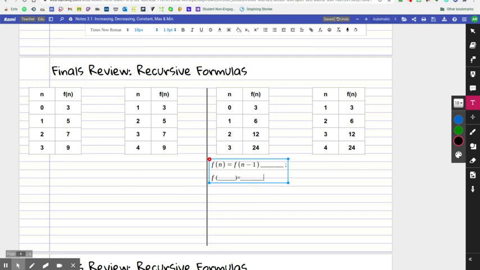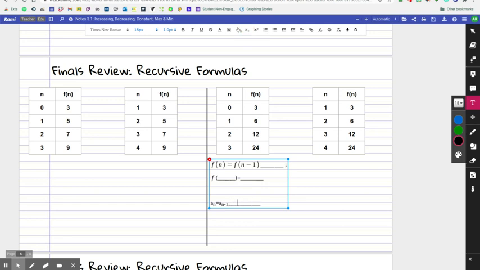So that's the function notation. Does anybody remember what the other notation was called? So the other notation was called subscript. Okay? So there were 2 recursive formula notations, function notation with F, subscript notation with subscripts. So we used A sub n is equal to A sub n minus 1 something.